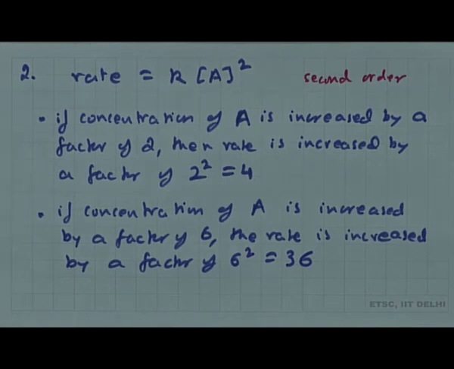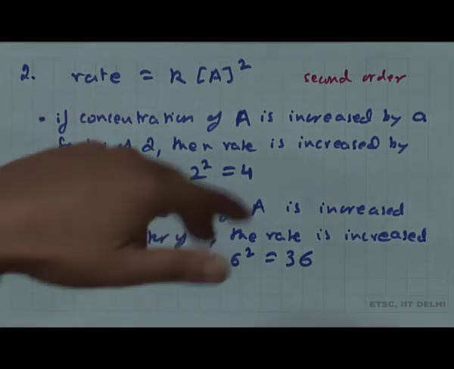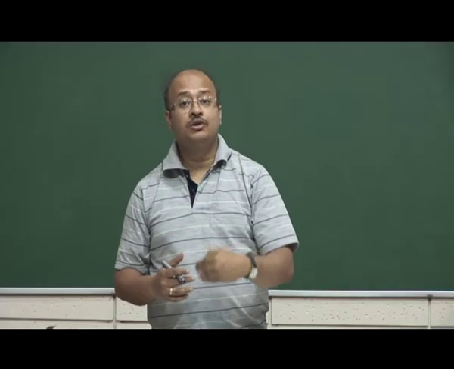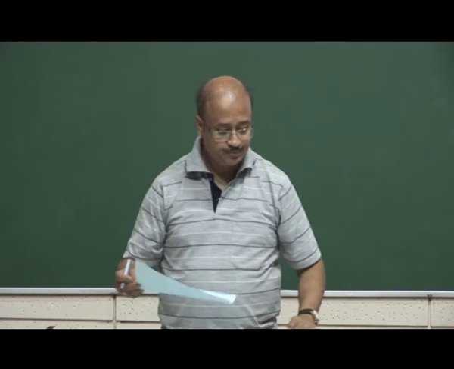If this was a first order reaction, the rate would be increased by 6 to the power 1, which is 6. This being a second order reaction, the rate is increased by 6 to the power 2, that is 36.